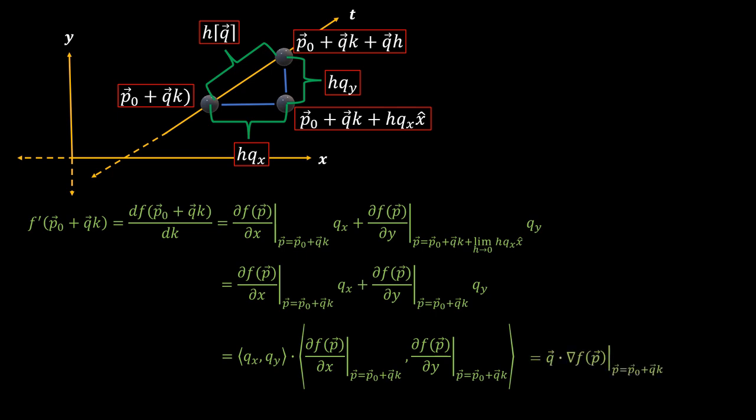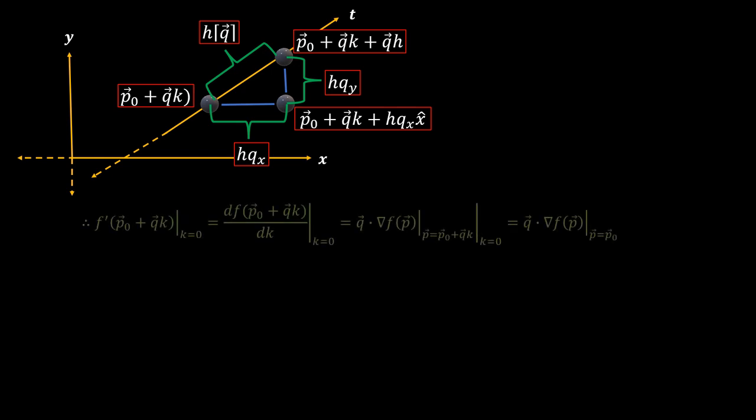We could think of that as the vector q dotted with the gradient of f of p, where p is a dummy vector, evaluated at p is equal to p naught plus qk. Right there. And so we get that right there.